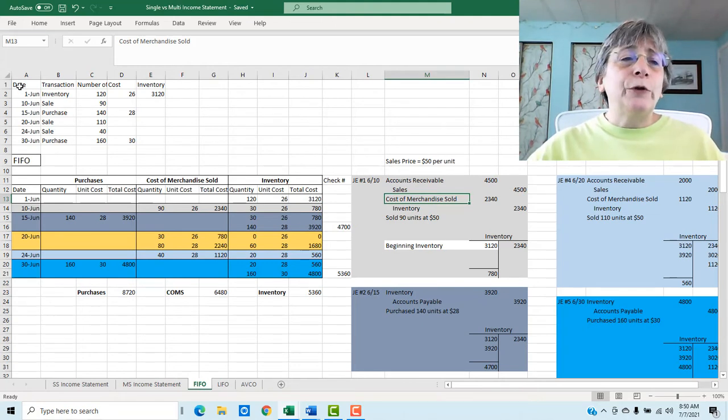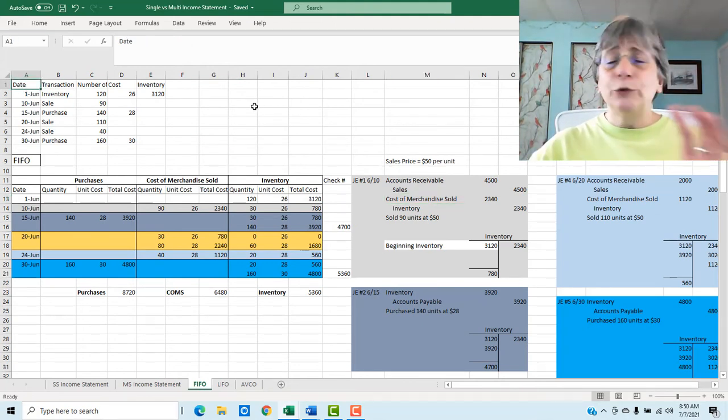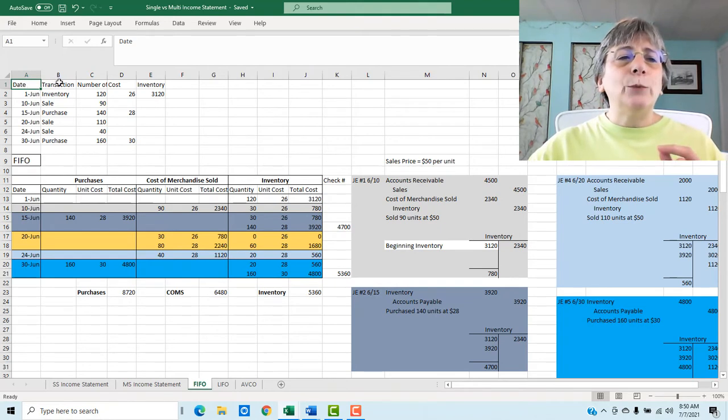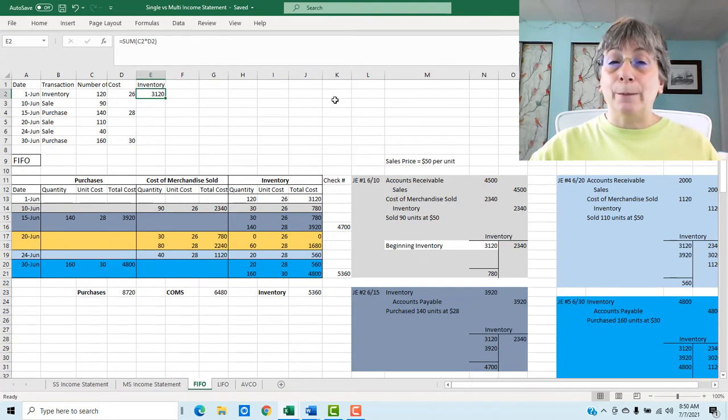So let's walk through this like you're doing your homework, and you will see exactly these kinds of problems in your homework. Like I literally pulled this out of an accounting textbook. So here we go. We've got a date, a transaction, the number of units, the cost of those units when we know it, and the total inventory amount.